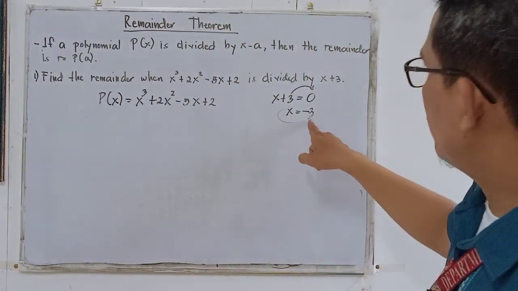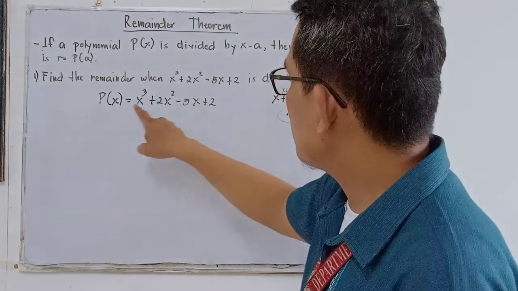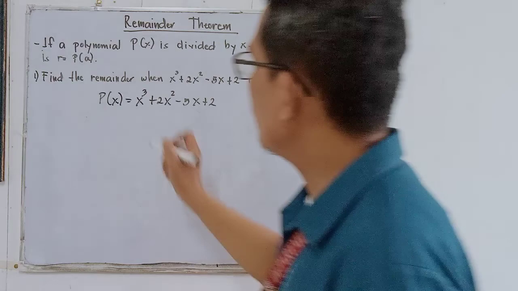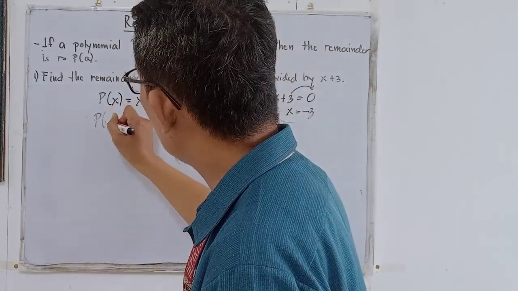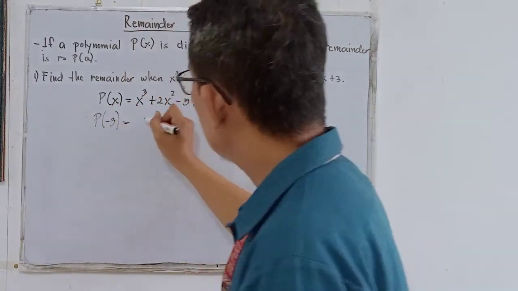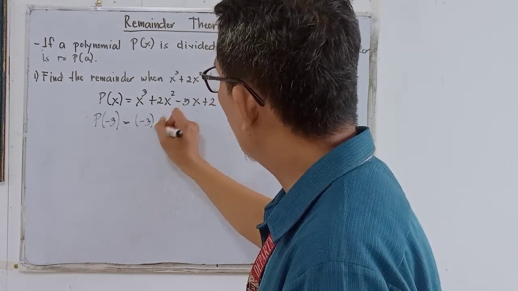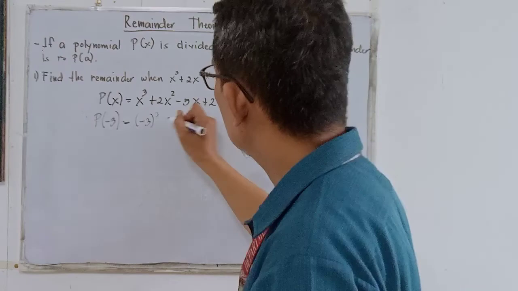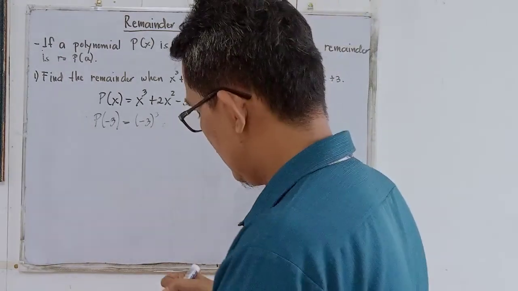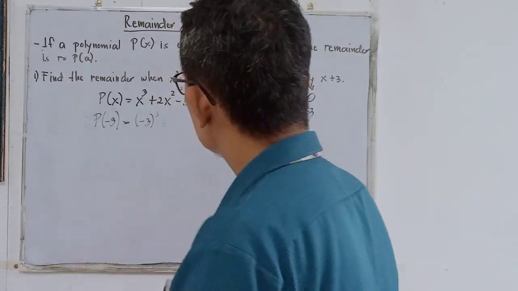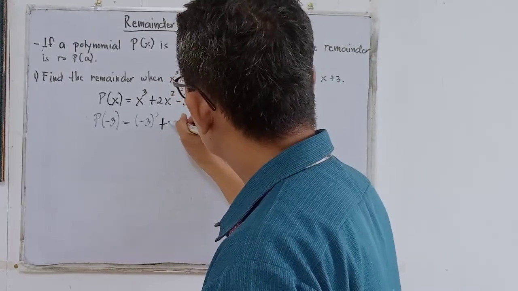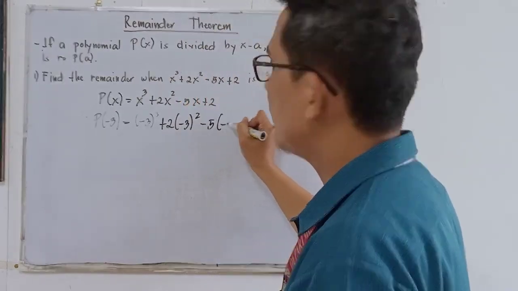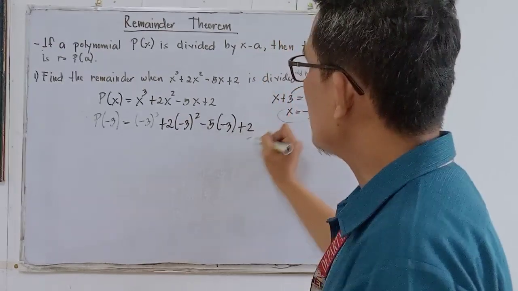Our negative 3 is substituted for our x's, then we simplify. So p of negative 3 becomes negative 3 cubed plus 2 times negative 3 squared minus 5 times negative 3 plus 2.